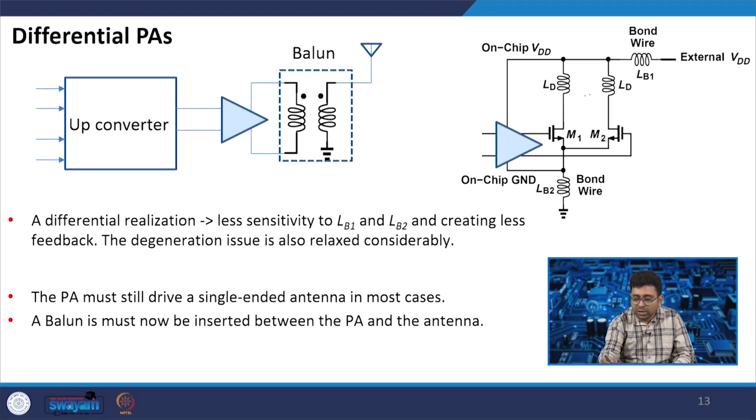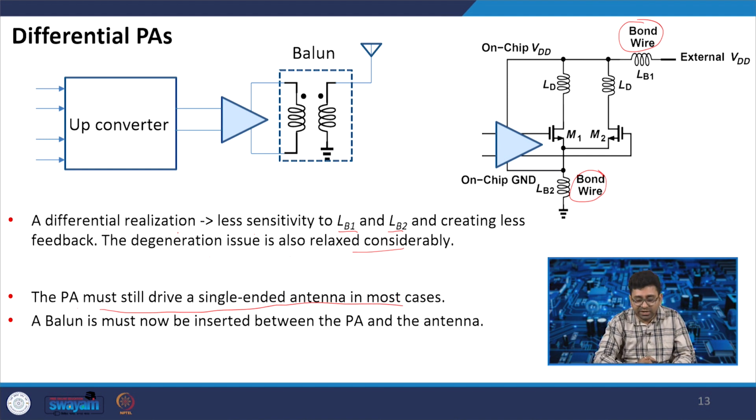If we have a differential power amplifier, when we take a differential output, it will help to reduce the leakage from the external VDD. So, when we do the differential realization, it is less sensitive to LB1 and LB2. Your circuit will not be that sensitive to these two bond wire inductances, and the degeneration issue will also be relaxed. Your power amplifier must still drive a single ended antenna in most cases.